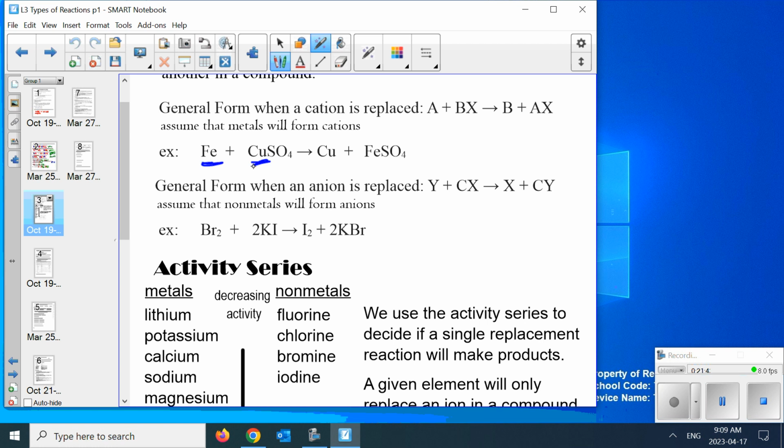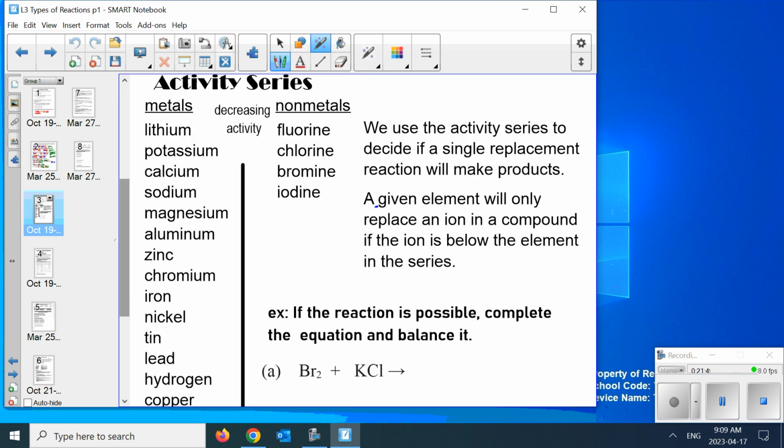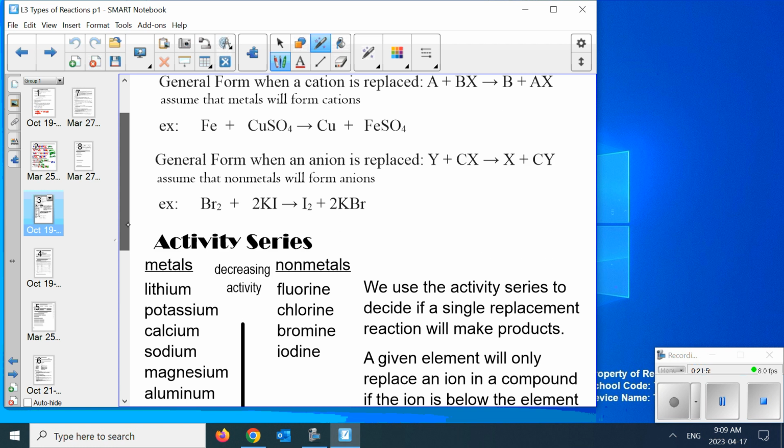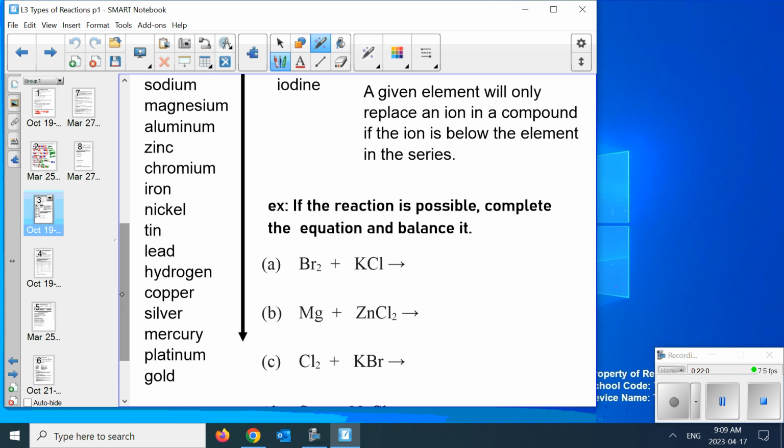Why would iron replace carbon? Well, a given element only replaces if the ion is below the element. So the element is iron. Copper is below it.